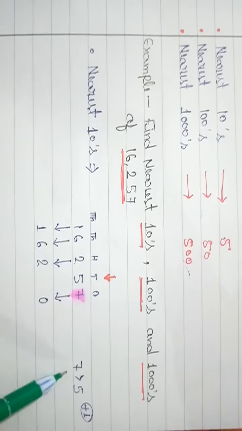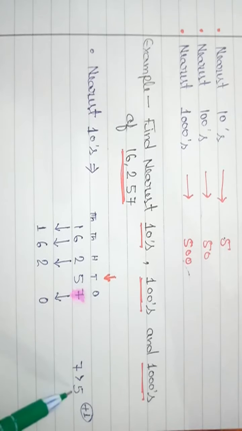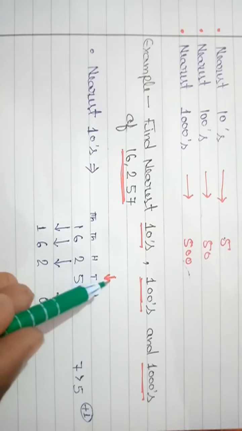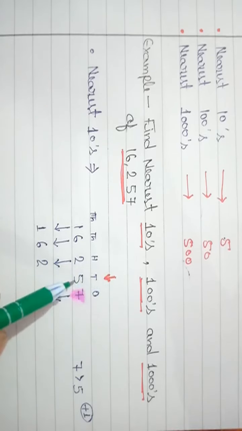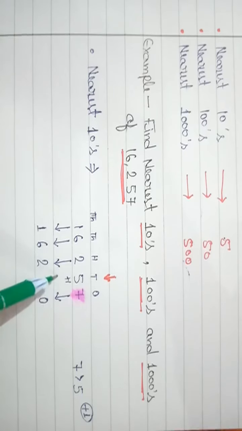Okay, here the highlighted place is 7 and it is bigger than 5, so we will add 1 in our target place. The target place, the tens, is 5, we will add 1 and it will be 6.